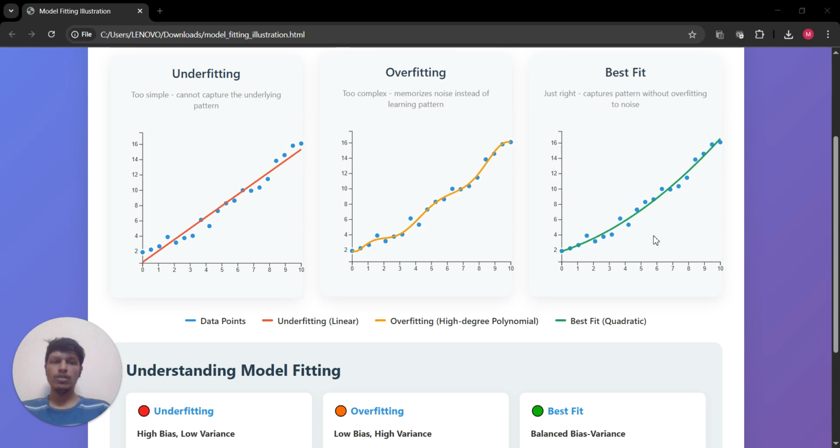The third illustration you can see is an example which doesn't come under underfitting or overfitting. It is approximately the best fit that we can get for this set of data points. As you can see, it is not a straight line or a curve which just connects all the points.